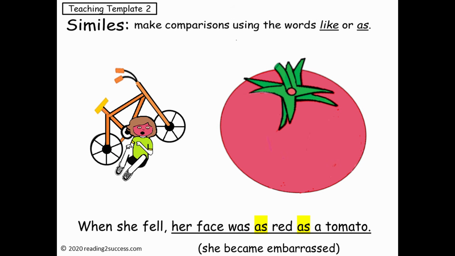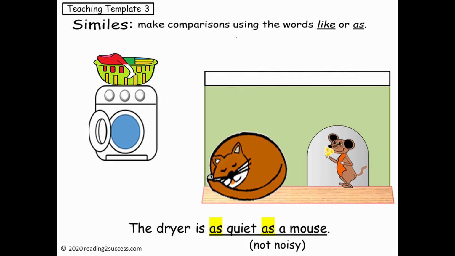Talk about how the word as is used to compare how the girl's face became as red as a tomato when she fell off her bike and became embarrassed. Talk about how the word as is used to compare the dryer to a quiet mouse, showing both are not noisy.